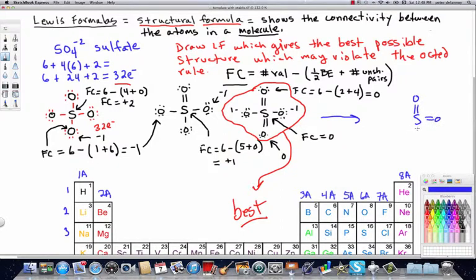That's where we're going to have 3 double bonds going to oxygens. Now, we already know that this single bonded oxygen right here is -1. And we already know that our oxygens that are double bonded in here, let me get those electrons in there, are all 0.